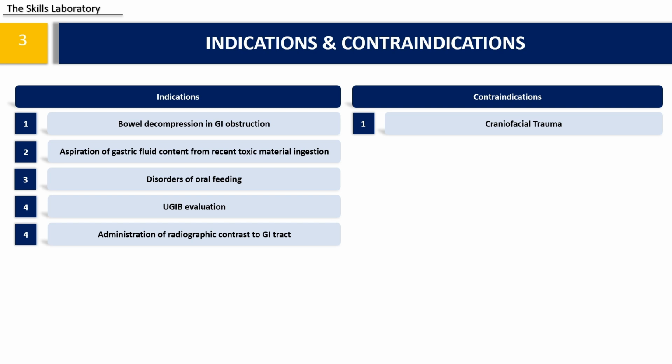With craniofacial or maxillofacial trauma, you could possibly insert the tube into the brain, because of the fractures in the facial area, and also basilar skull fracture. Next, problems with GI function, like for example, if the patient had a perforation of the GI tract, esophageal varices, which are very common cases, acid or alkaline ingestion, and esophageal obstruction.